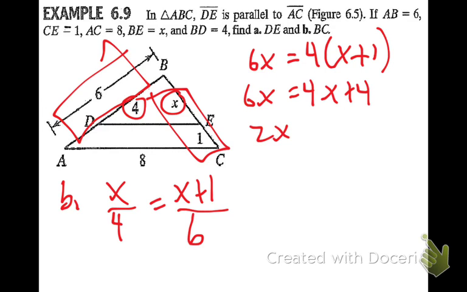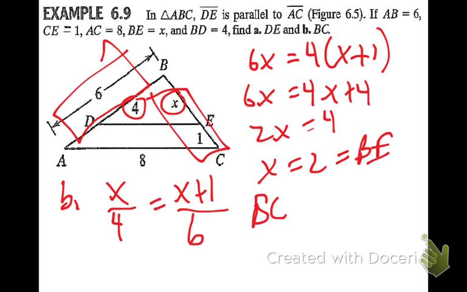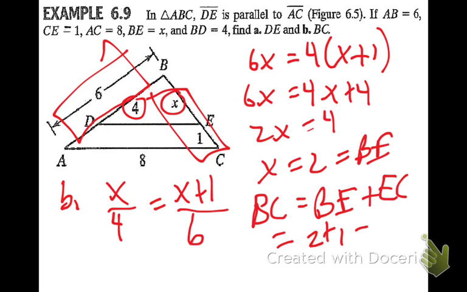So 2x equals 4. So x equals 2, which equals BE. So then BC, which is what we have to find, equals BE plus EC. That'd be 2 plus 1. So it equals 3. Questions?